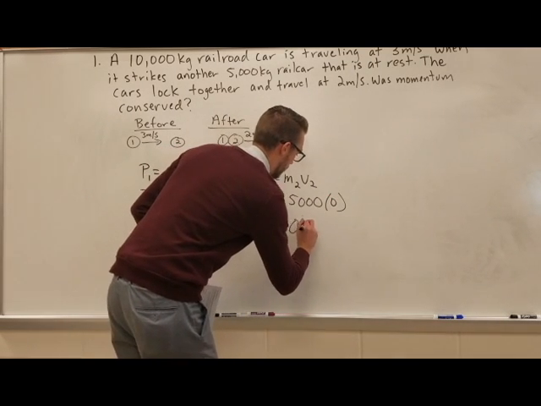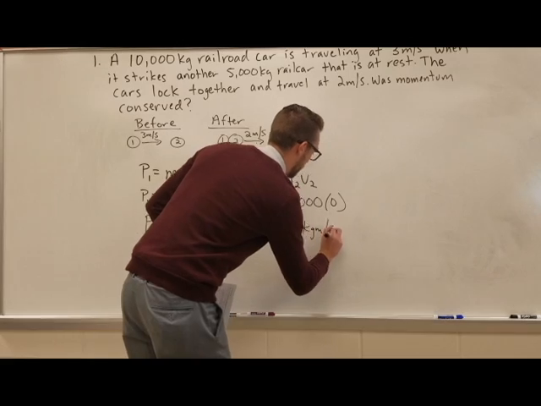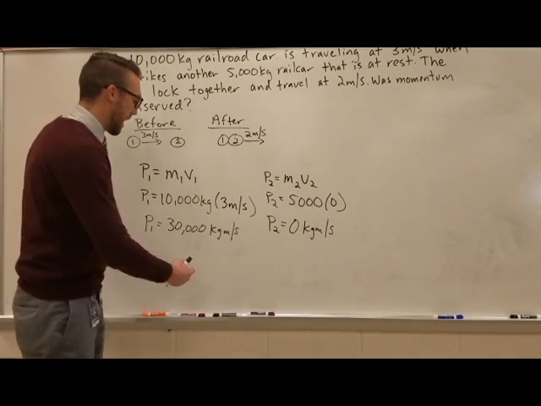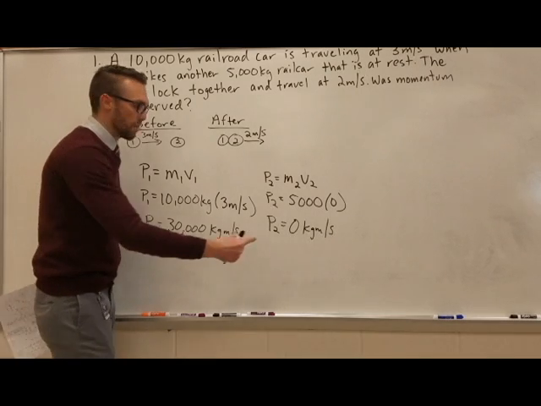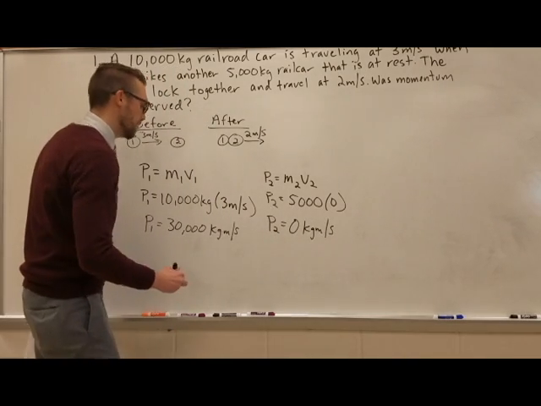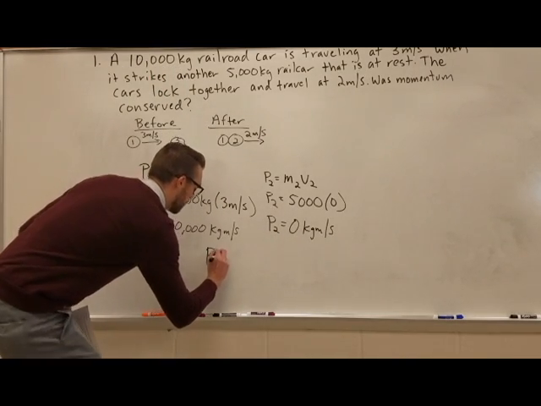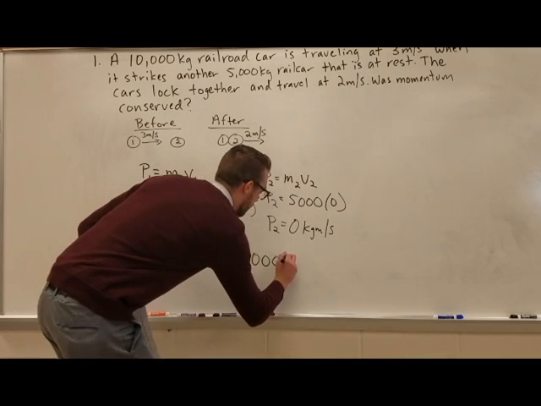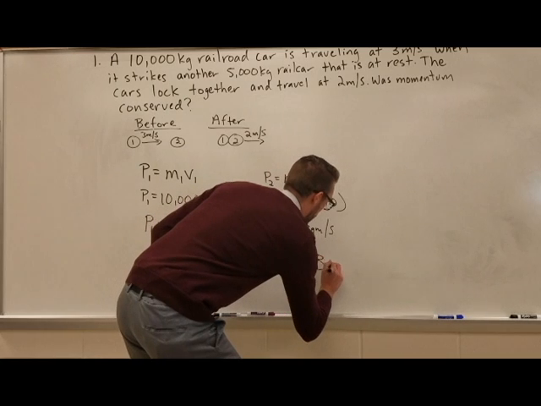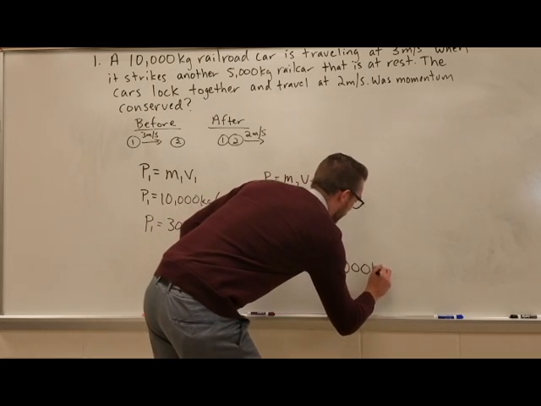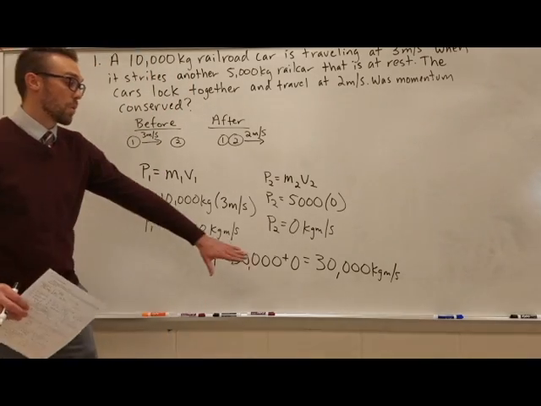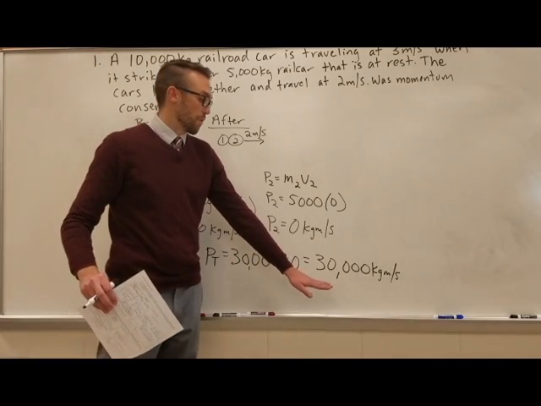Momentum has to be 0 kilograms meters per second. In order to find our total momentum, we need to add the momentum of object 1 plus the momentum of object 2. So total momentum is equal to 30,000 plus 0, and we get a total momentum of 30,000 kilograms meters per second. All right, so that is our momentum before the collision.